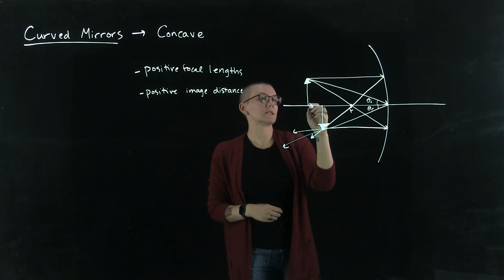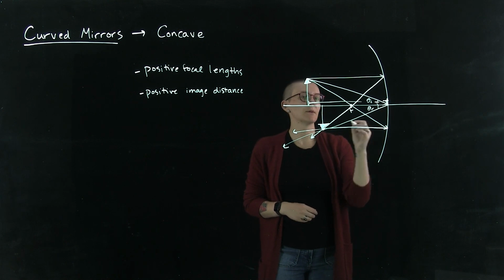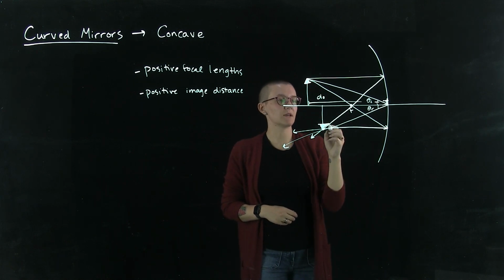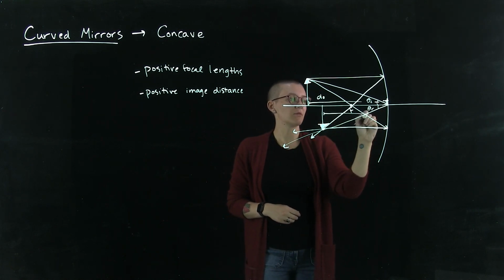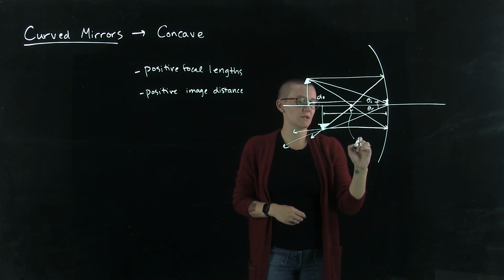This distance here from the object to the mirror is the distance of the object, and we can draw a similar one for the image. This is getting a little cluttered, but this one is the image distance.